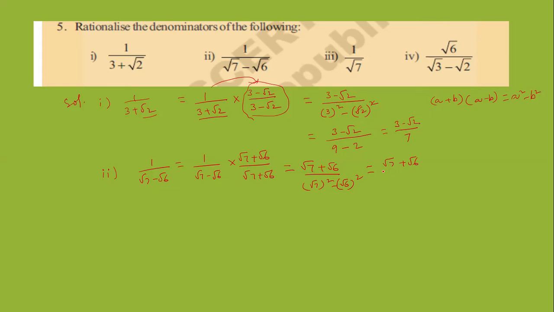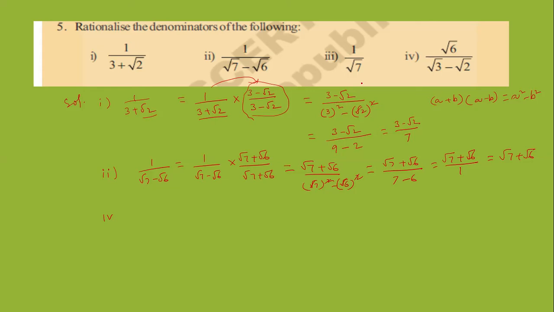In the denominator, you cancel the square and square root symbol, that means 7, and here the square and root symbol, that is 6. In the numerator part, root 7 plus root 6. And in the denominator part, 7 minus 6 is 1. That means we get 1, which is a rational number.